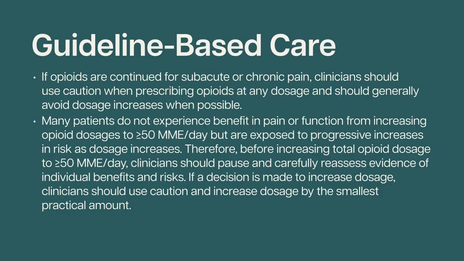They will, however, greatly and progressively increase the risks associated with opioid use. Again, this 50 MME threshold is not hard and fast, but be very conscientious and deliberate in assessing patients who are either requesting additional pain medicines or who you feel may need to go over that 50 MME threshold.